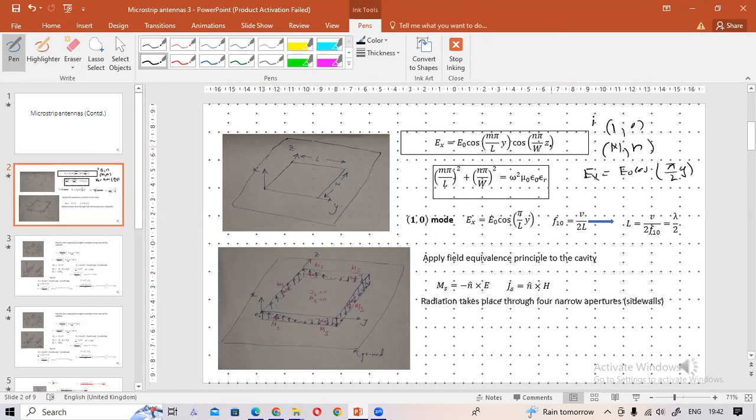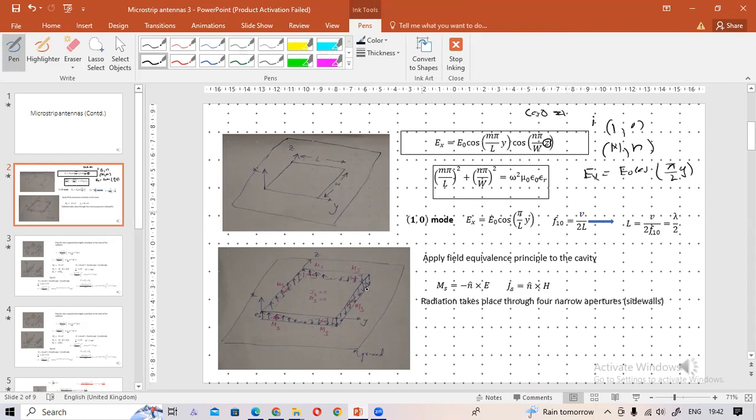This is in the Z direction, that is the width direction. This part will be 1, and this part will be 0 and cos 0 is equal to 1.